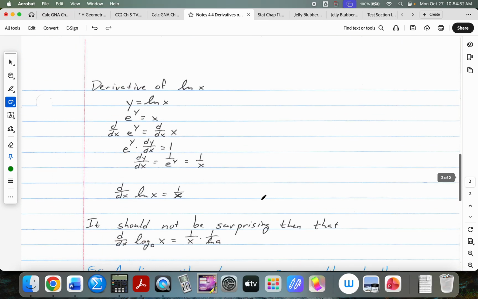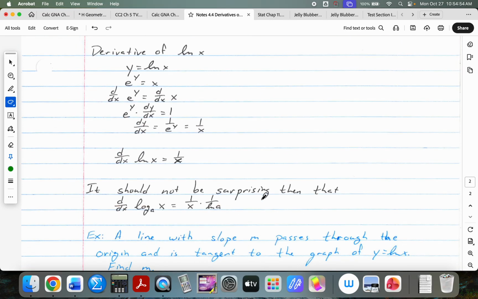Okay, so now let's figure out what the derivative of the natural log of x is. If we start with y is equal to the natural log of x and use both of those as an exponent on e, I get e to the y is equal to x, because the e and the natural log being inverses undo one another.